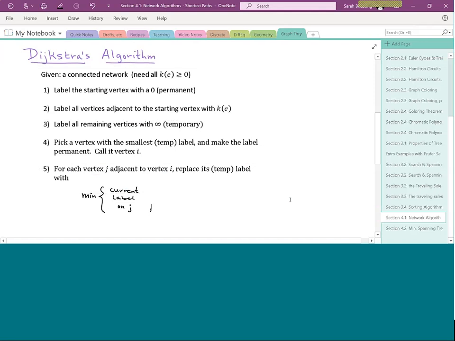Now, on the other side, your other choice, and there's only going to be two choices, you're going to look at vertex I, so where you're coming from. Now, this guy is supposed to already have a permanent label.